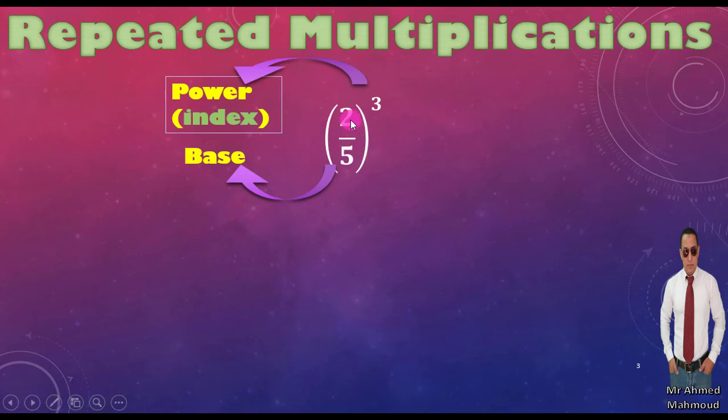That means we have 2 over 5 multiplied by itself 3 times, like this: 2 over 5 times 2 over 5 times 2 over 5. I can collect 2 times 2 times 2 equals 2 to the power of 3, and 5 times 5 times 5 equals 5 to the power of 3. So I can skip this step and write directly 2 over 5 all to the power of 3, distributing the power to be 2 to the power of 3 over 5 to the power of 3.